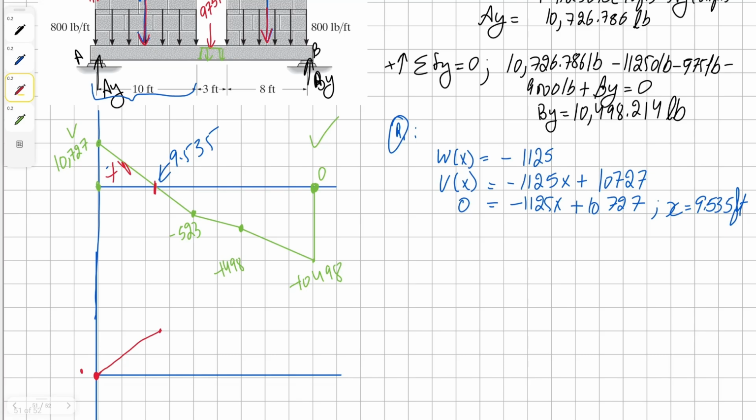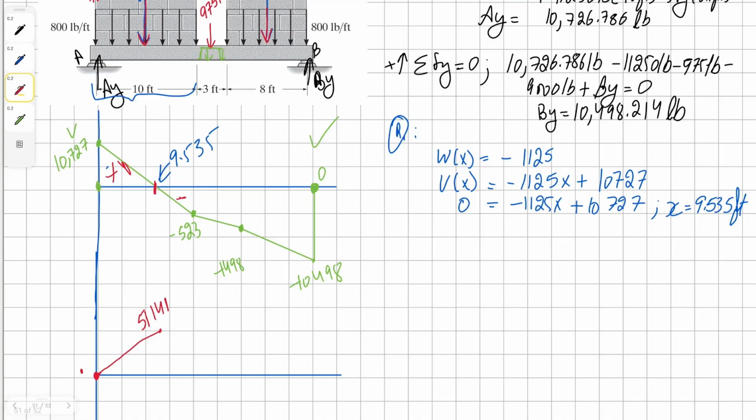9.535, which gives us 140.97, rounding it up, going to be 141. And then for this negative triangular area, it's going to be negative 523 times 10 take away 9.535 times 0.5, and this will bring us downwards 122.